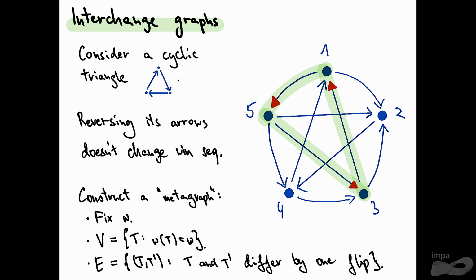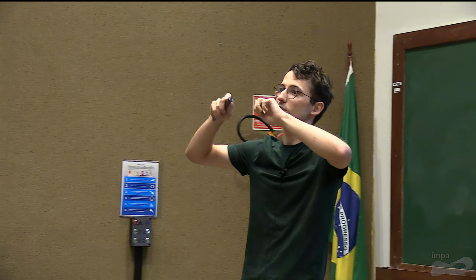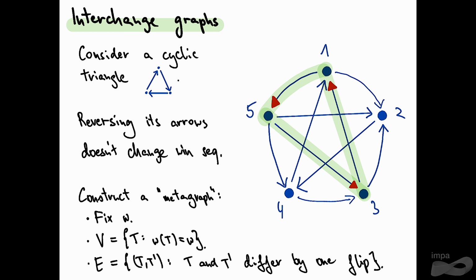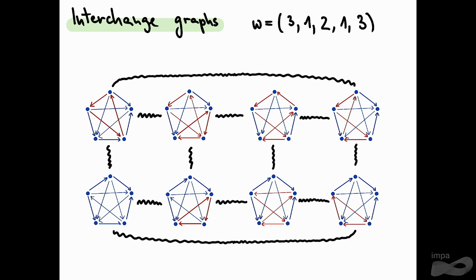Now the idea is: let's fix some win sequence, consider all the tournaments that have this win sequence, and construct a kind of meta graph. We connect two tournaments whenever I can flip one cyclic triangle to get the other. This meta graph we'll call the interchange graph.